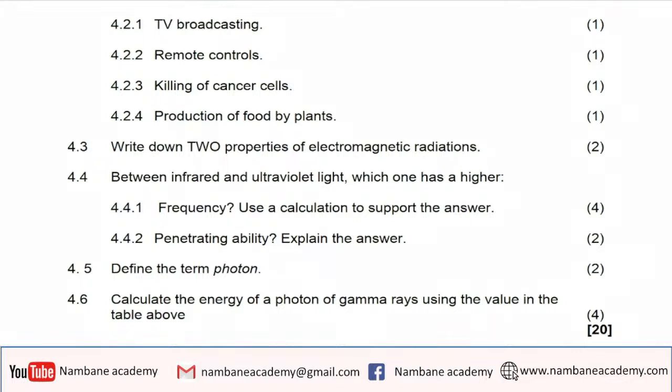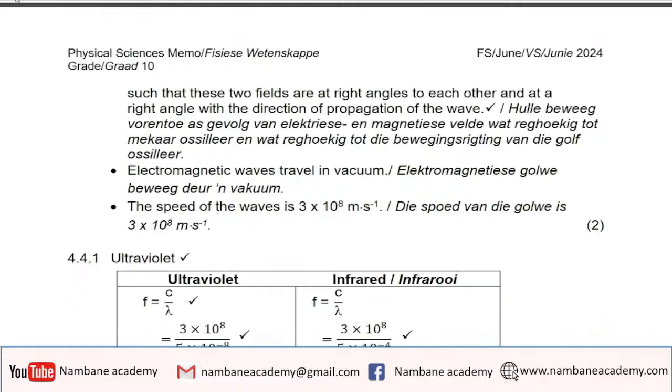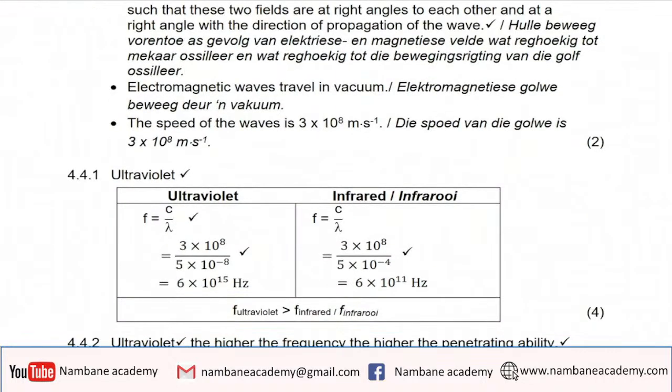Between infrared and ultraviolet light, which one has a higher frequency? Then use a calculation to support your answer. So in order to support the answer, there must be a comparison. According to the calculation, colleagues, let's try to help our learners to see that the first question asked is actually a conclusion.